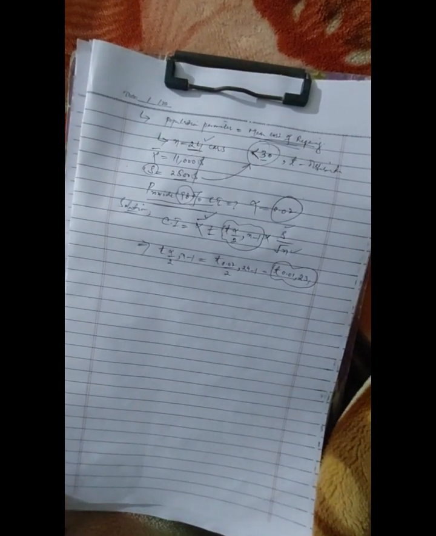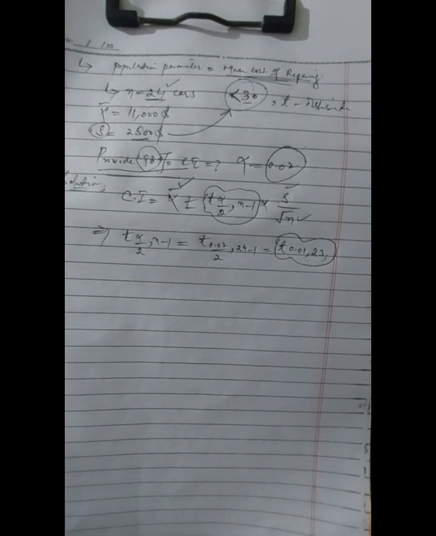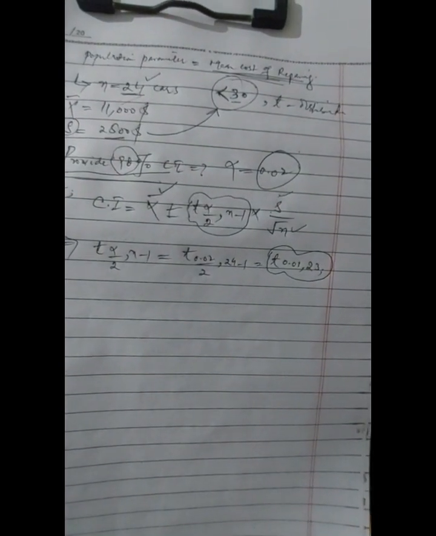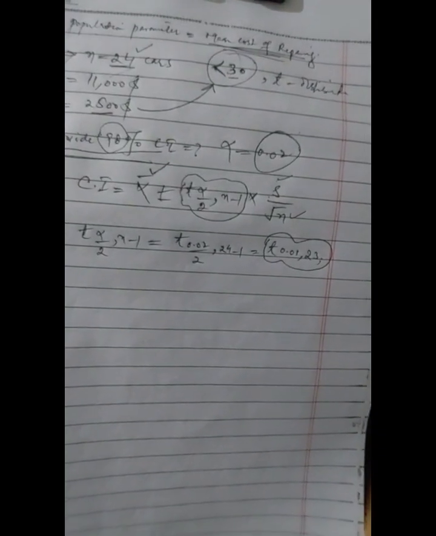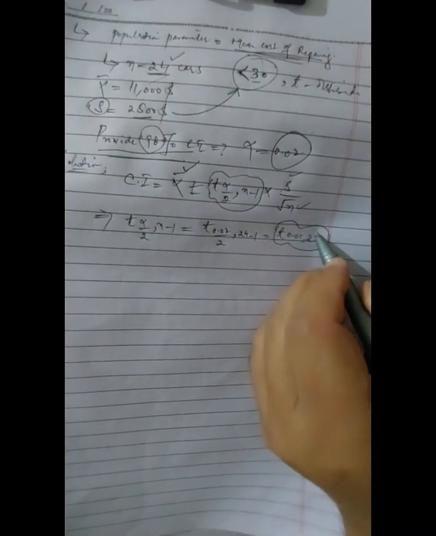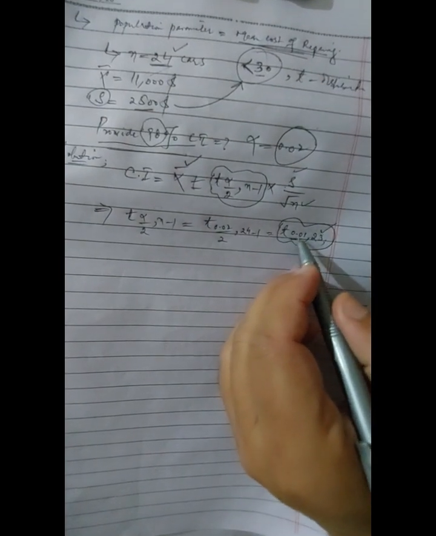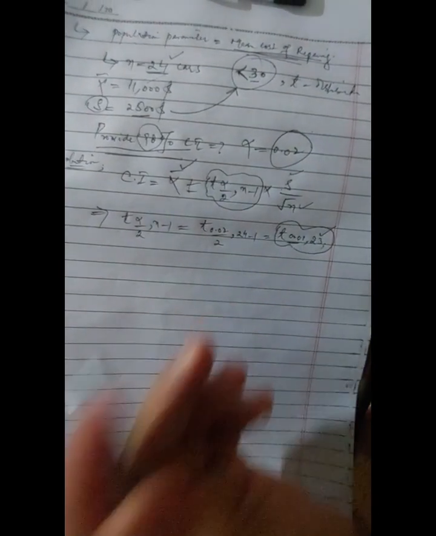So we have a t table here on the PC, and we will find the value of it. The degree of freedom is 23, and the significance level is 0.01.